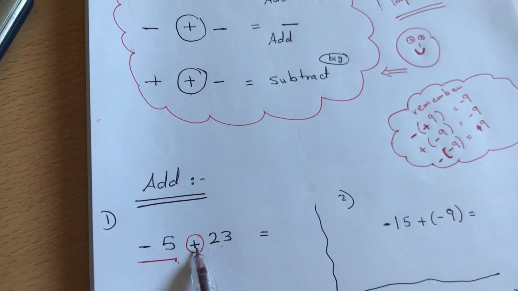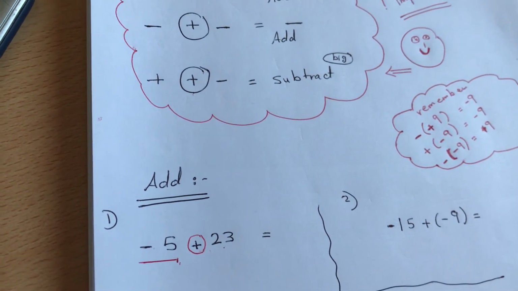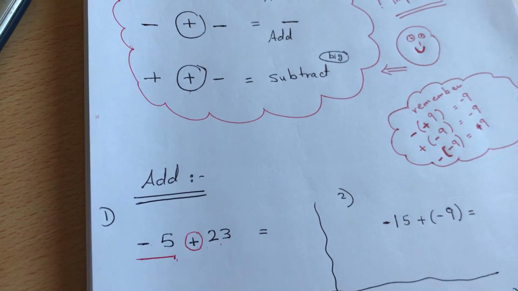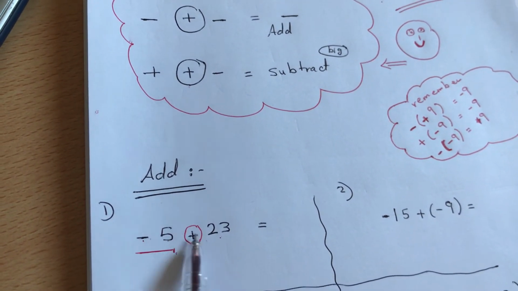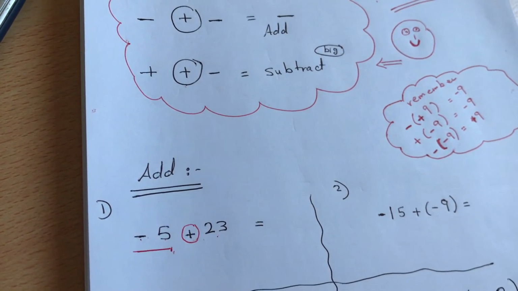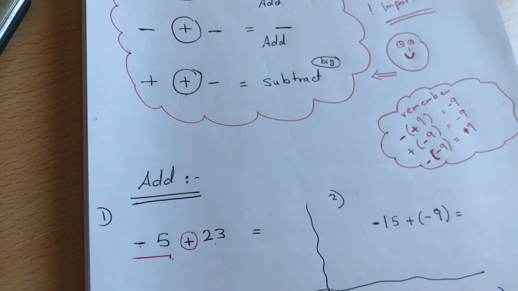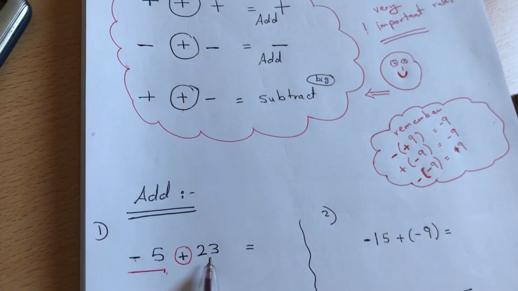You'll tell me, okay, this is the operation. Yes, it's the operation, and at the same time, it is the sign of the number. So the negative is for the 5 and the plus for the 23. So this one has two jobs. The first thing is to be the operation, and the second thing is to be the sign of the number.